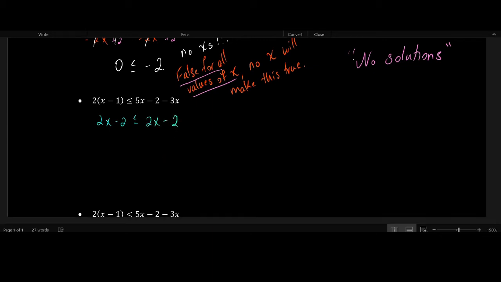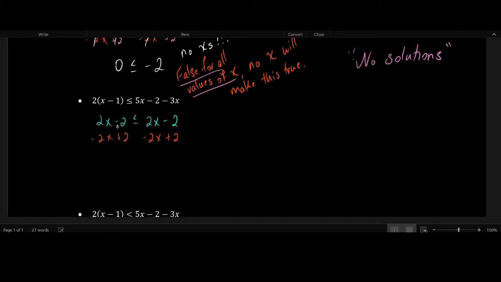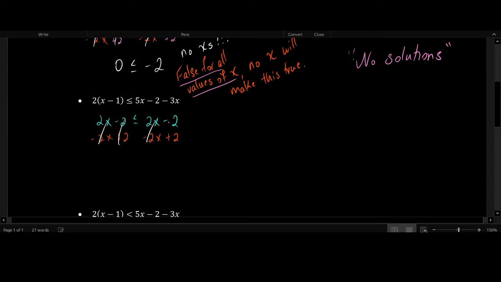If we like, we can then move all the numbers and x's so that they are on the same side. But 2x minus 2x cancels out, and minus 2 plus 2 cancels out, and so I'm left with 0 less than or equal to 0.